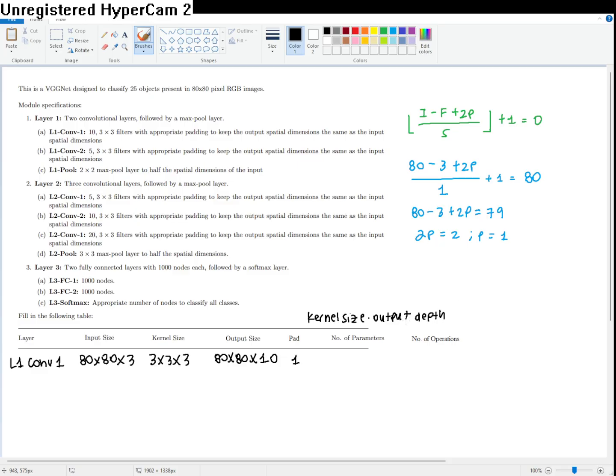We're going to be using this kernel size, which accounts for the depth of the input. So we're just going to have 3 times 3 times 3 times 10.